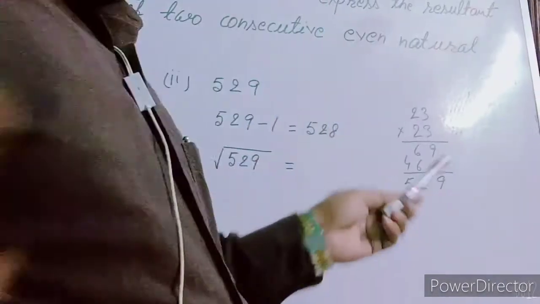Check this multiplication: 3 3s are 9, 3 2s are 6, 2 3s are 6, 2 2s are 4, so 529. Now why did we choose directly 23 and 23?